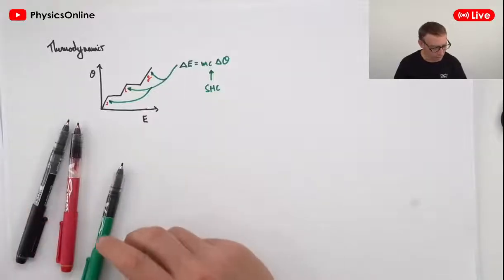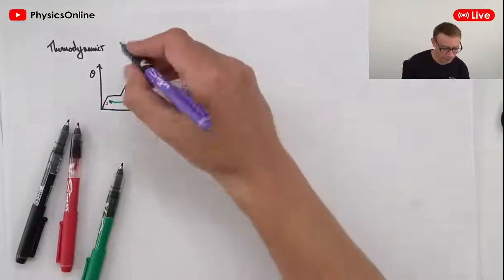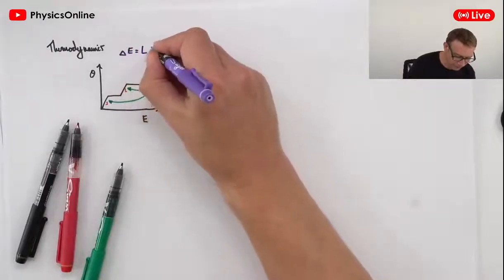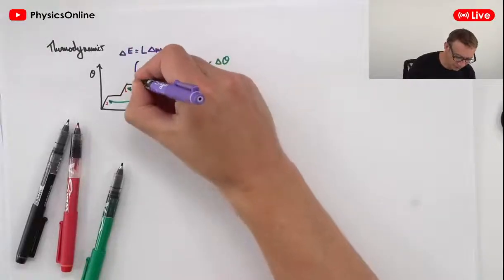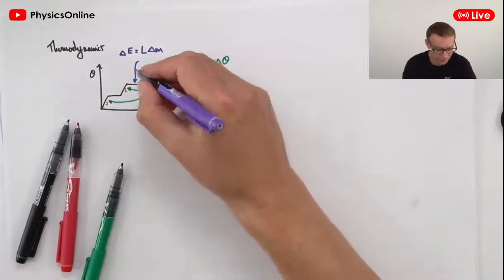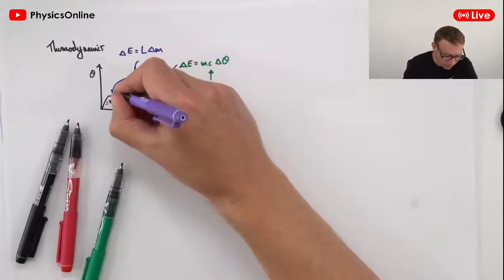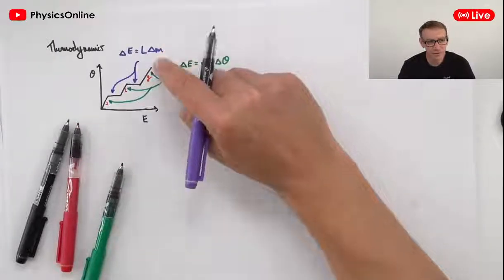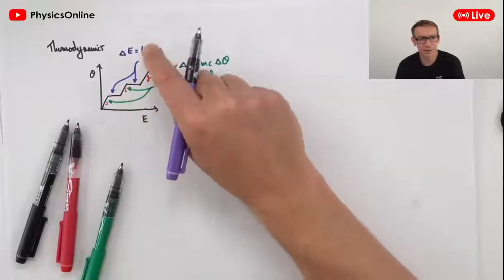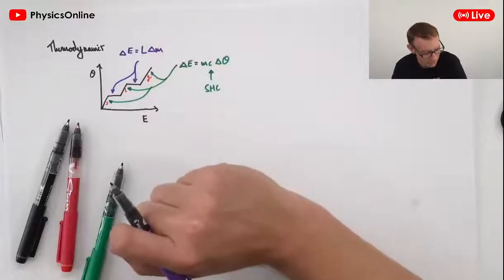The other one, which I'm going to do in purple, is that if we're looking at the energy supplied for a phase change, it's equal to this. So this could be the specific latent heat of vaporization or the specific latent heat of fusion. And we can see at these regions, if you've got a pure substance, it changes state at a constant temperature, and that's why there's no delta theta there.